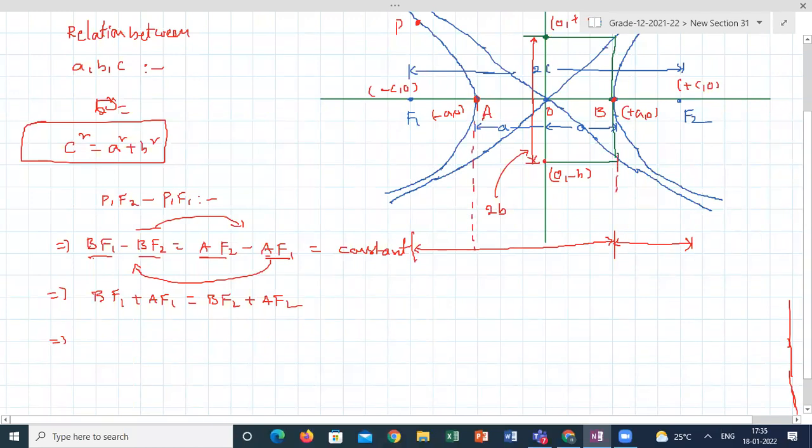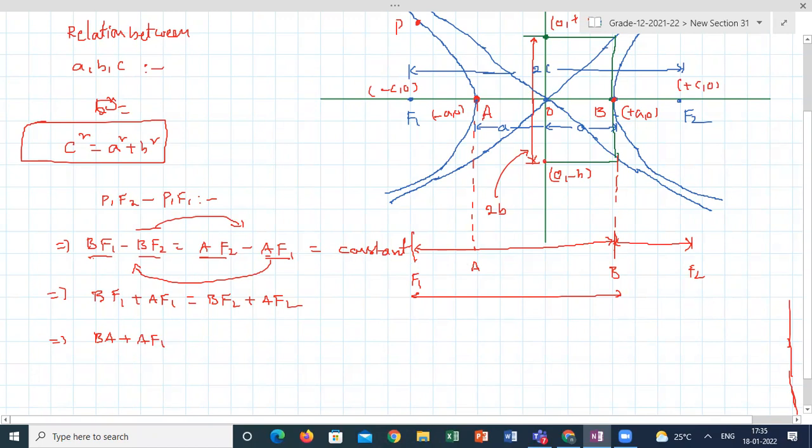So this is B, this is A, F1, F2. From here to here, BF1 can be written as BA plus AF1.